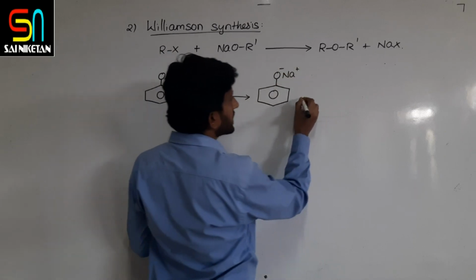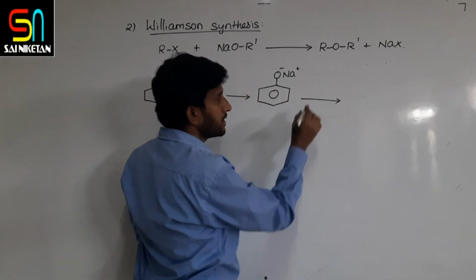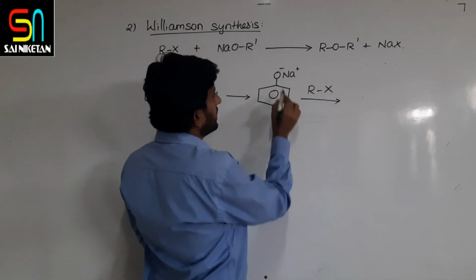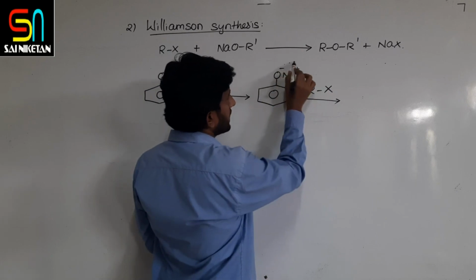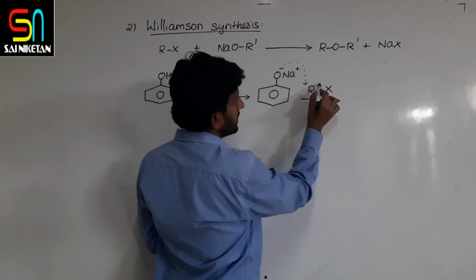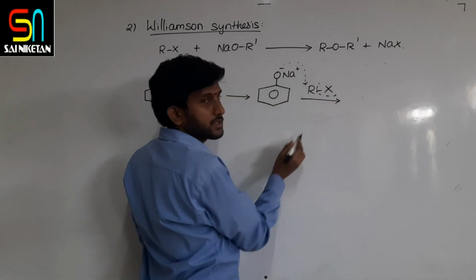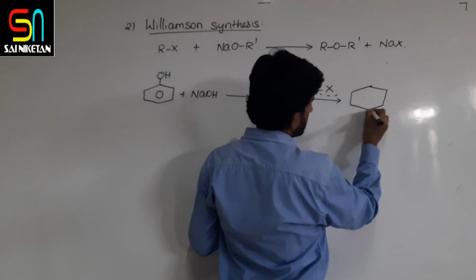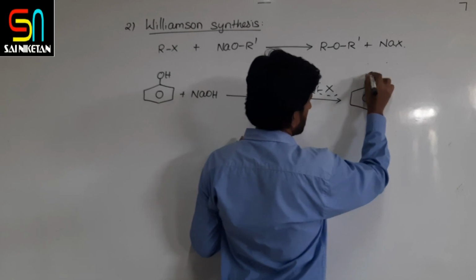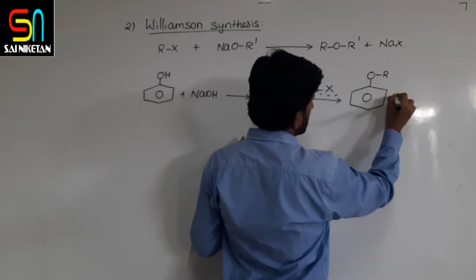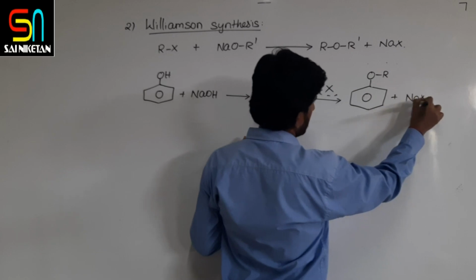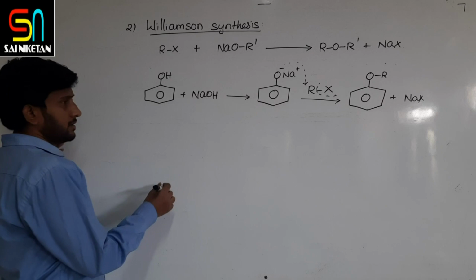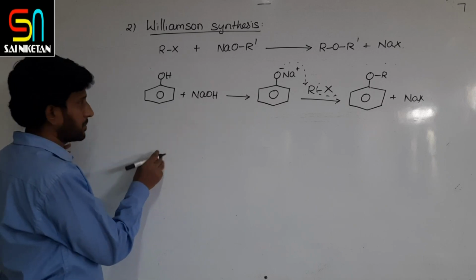This sodium phenoxide, on treating with alkyl halides, what happens? Here nucleophilic attack takes place, with the halide as the leaving group, and it combines with the Na+. So you get an ether, phenyl ethers, plus NaX. This is aryl ether preparation.